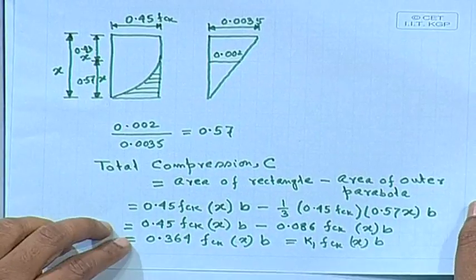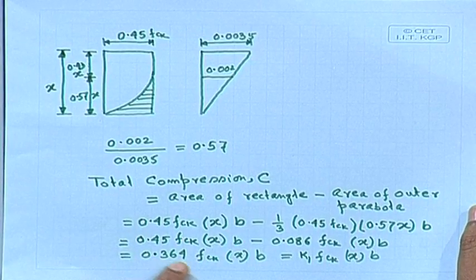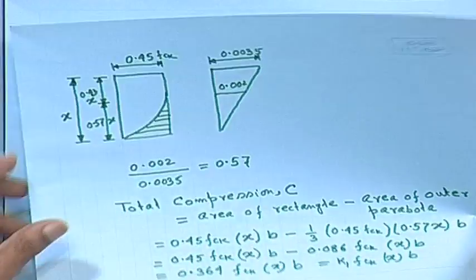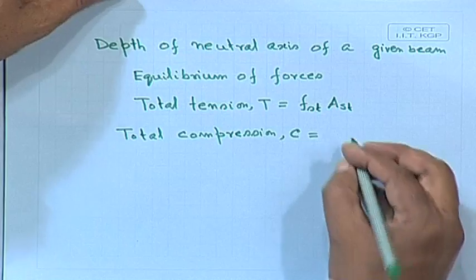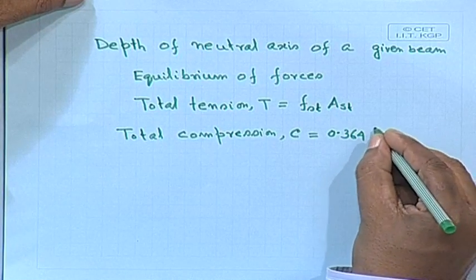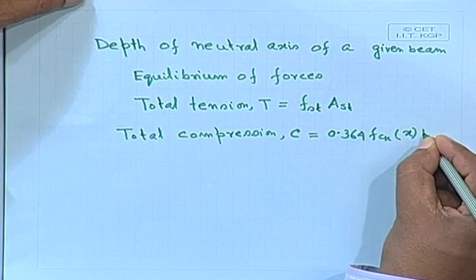we have derived here total compression C equal to 0.364 FCK x b. So let me copy it here: 0.364 FCK x b.